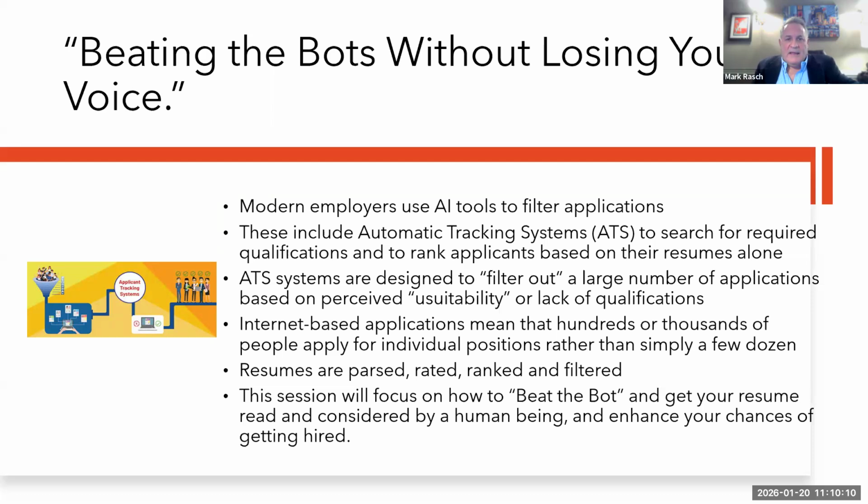And one human being can't possibly read through all of them. So now they're using these ATS, or applicant tracking systems, to narrow down the number of highly qualified applicants that they want to look at with a human being. It is designed to filter out as much as 95 to 99% of the job applications so that human beings will only look at a very, very small percentage.